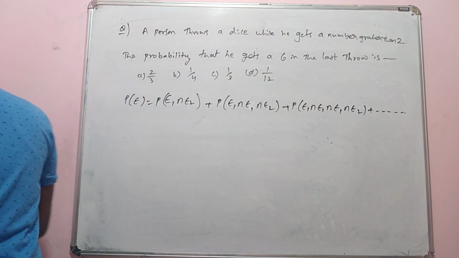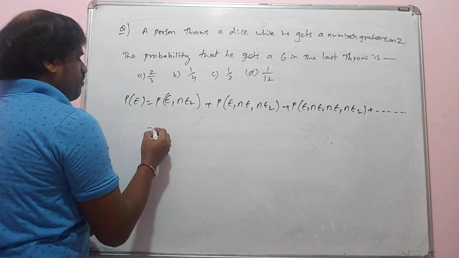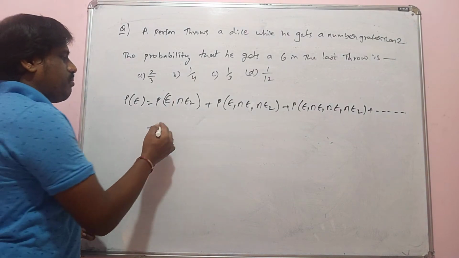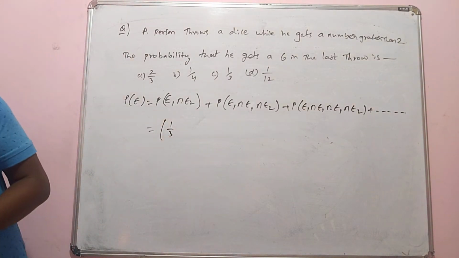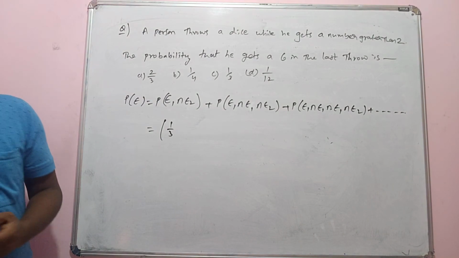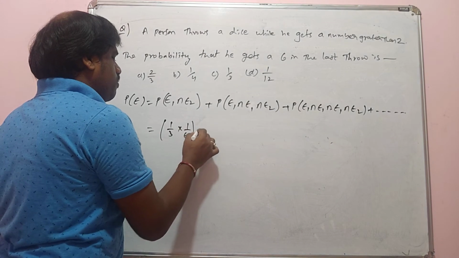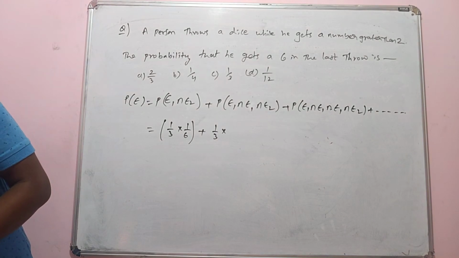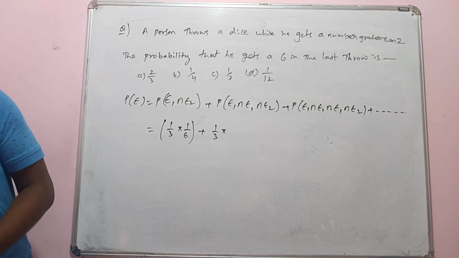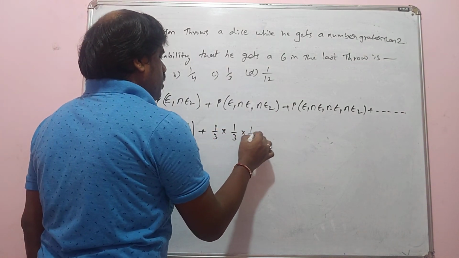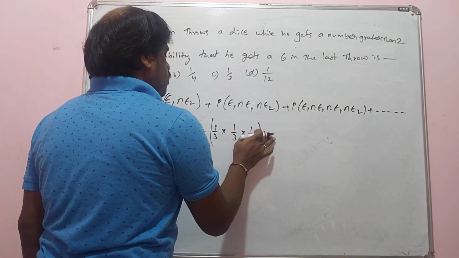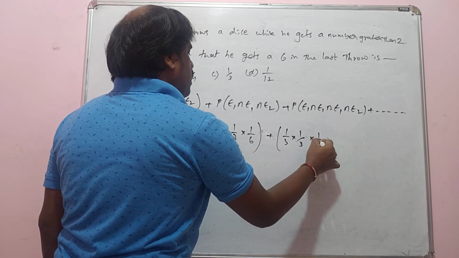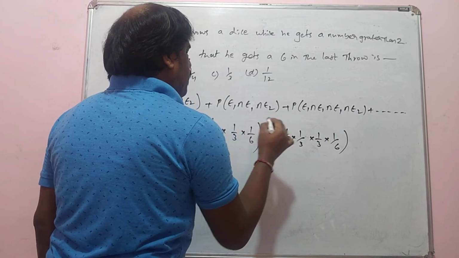So the probability of E1 intersection E2 is 1 by 3 into 1 by 6. Next I get 1 by 3 into 1 by 3 into 1 by 6, then 1 by 3 into 1 by 3 into 1 by 3 into 1 by 6, because these are independent events.